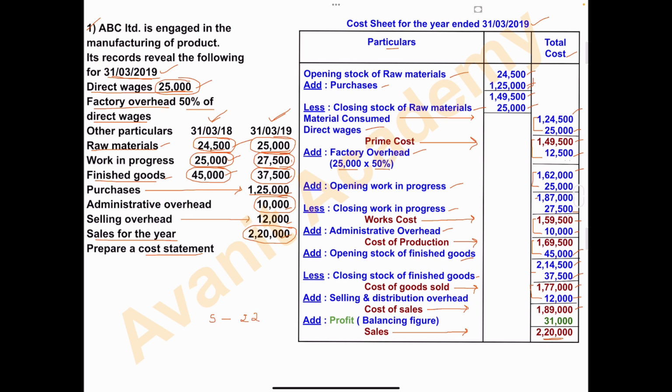You will get the difference amount, 31,000. This is profit.